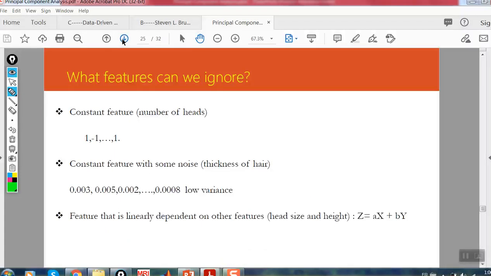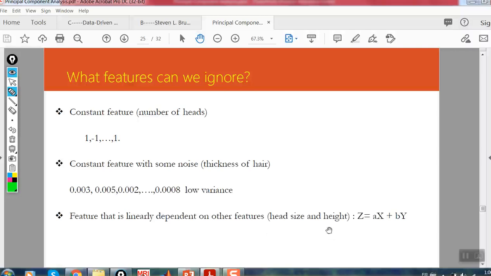Now, what features can we ignore? The question here is, what features can be ignored? For example, a feature that is linearly dependent on other features. For example, the head size and height may be related to each other.